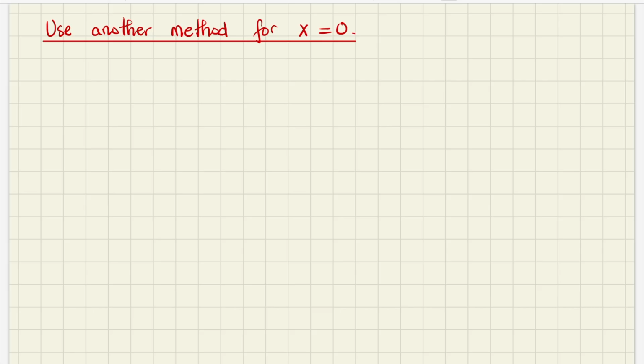So let's recall the first derivative. f prime of x equals 5x squared times x squared minus 3.